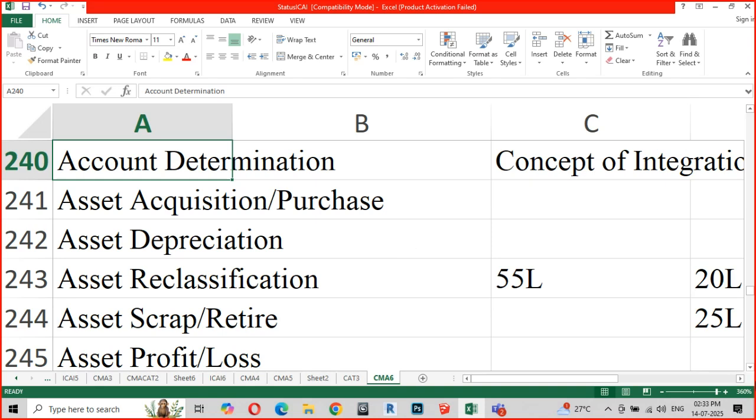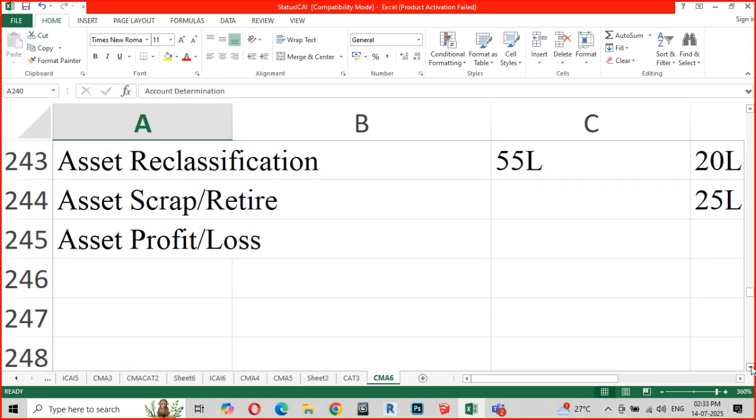So at the end of the life cycle of an asset, when I want to scrap or carry out the process of retirement of the asset, how is SAP treating that?